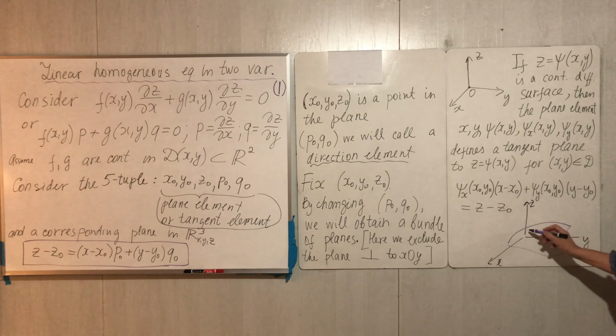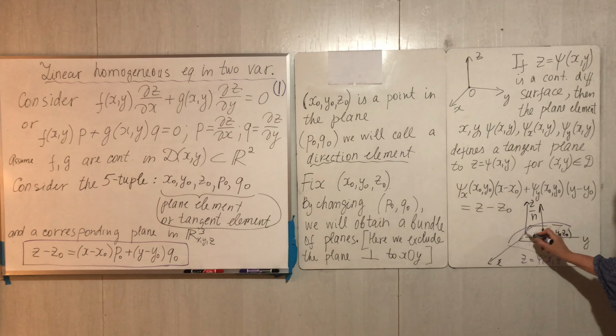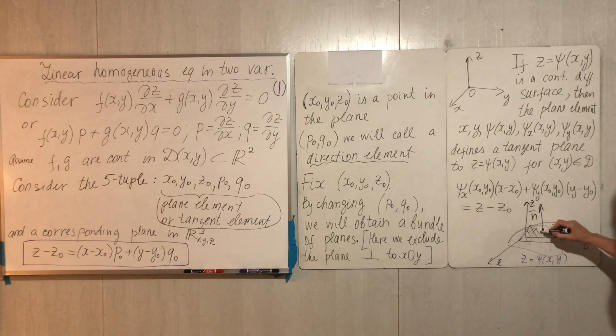And the normal. Suppose we want to draw a tangent plane here at this point, through the point x0, y0. This would be our tangent plane, right? And the normal to this tangent plane would be expressed as psi x, psi y, and -1.